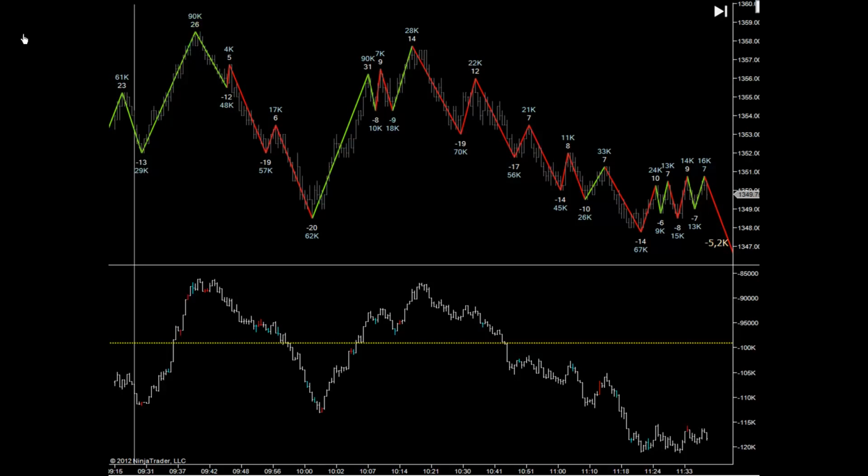So the first move down, we traded 48,000 contracts, and we moved down 12 ticks. Then we move up 5 ticks with 4,000 contracts of volume. So that 5 tick move up is almost half the size of the move down, but it has 1/10 of the volume. So that is effectively a liquidity vacuum.